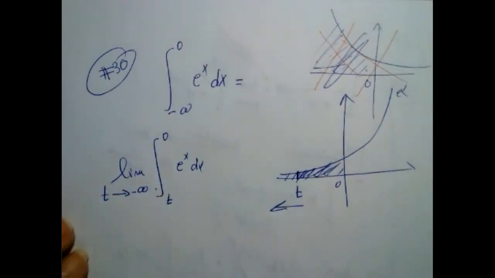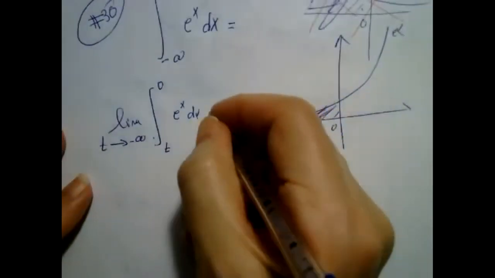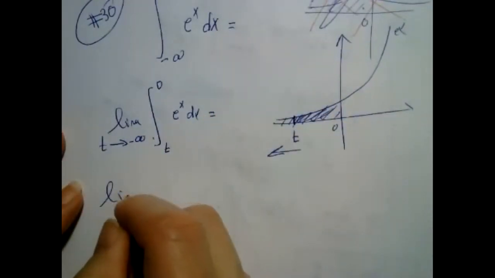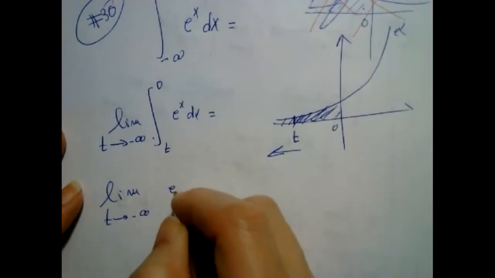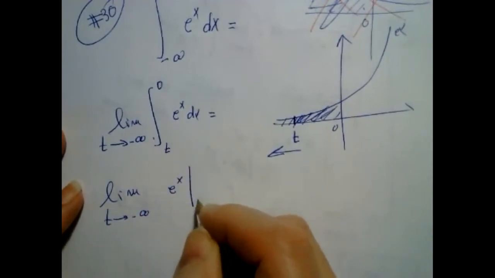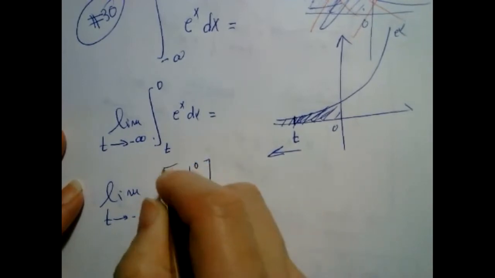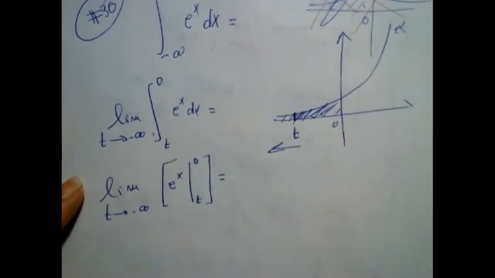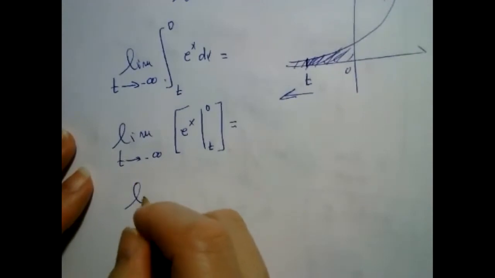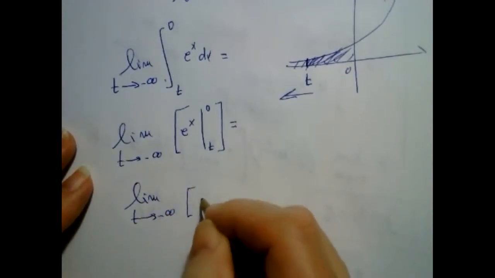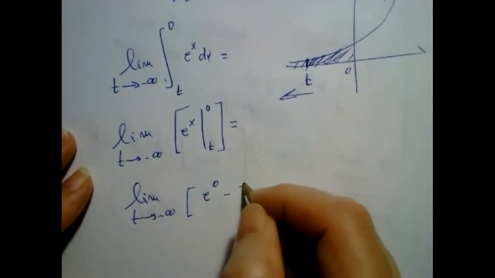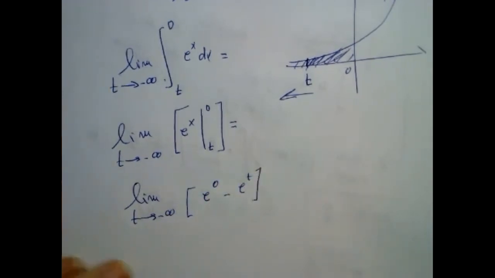Okay, so let's see, it's equal to what? It's the limit as t goes to minus infinity of e to the x evaluated between t and 0, which is equal to the limit as t goes to minus infinity of e to the 0 minus e to the t.